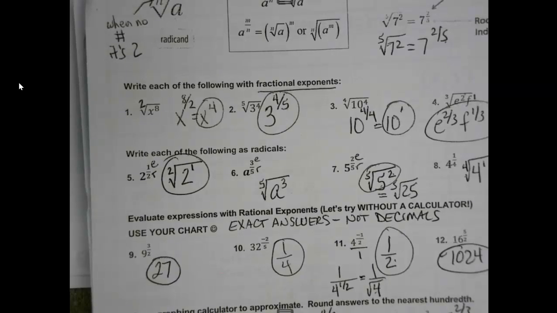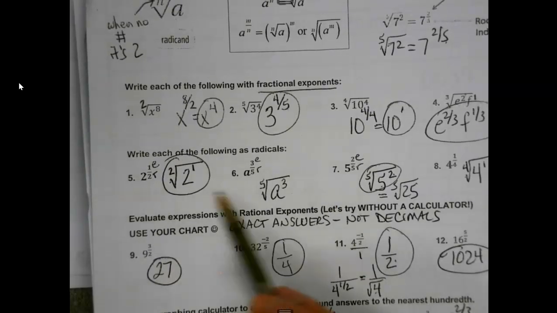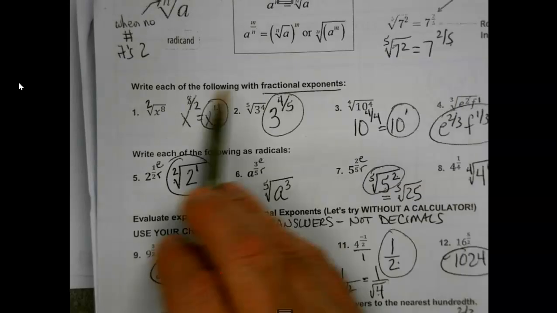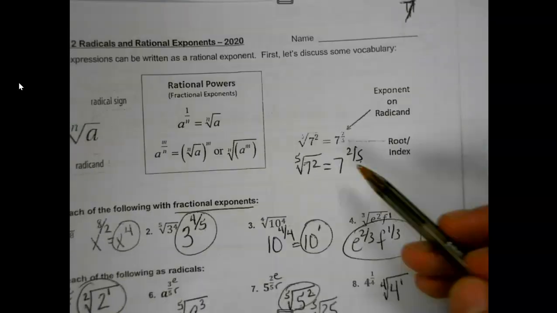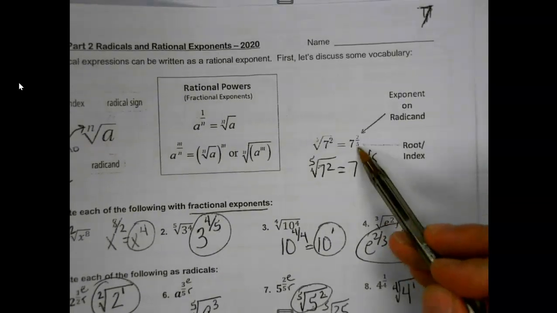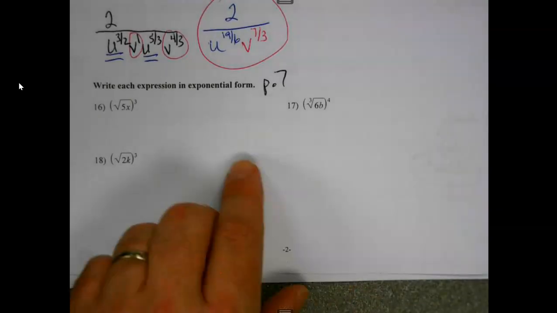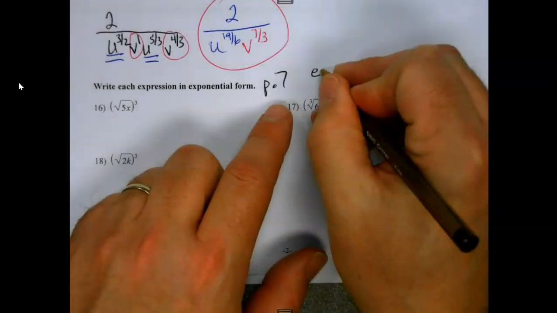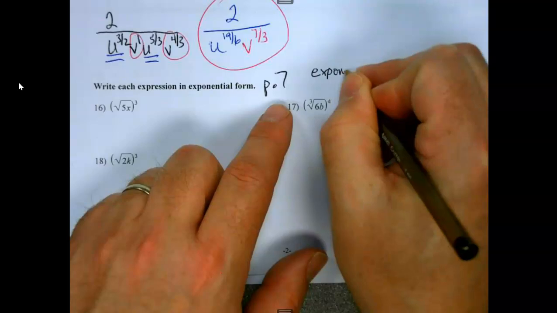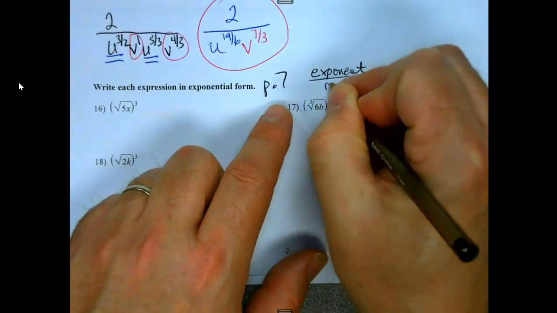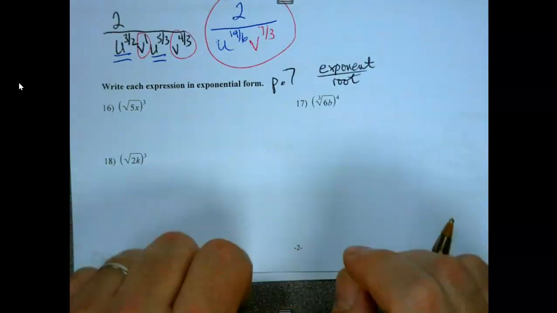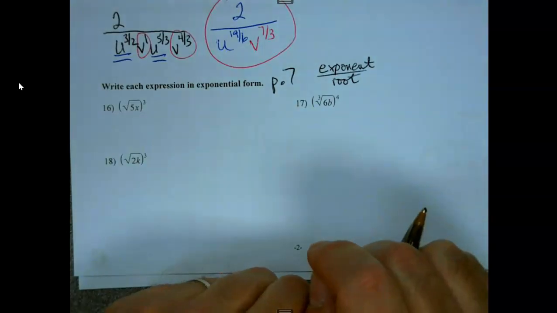So we're kind of looking like we are here. Okay. So this is the part where we're going to do exponent over root. So I'm going to make myself a little note here. So here's how this works. I take a peek at this first one.